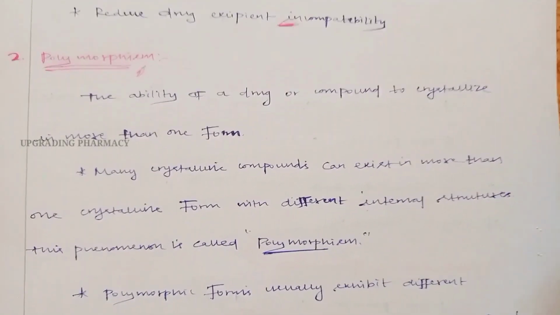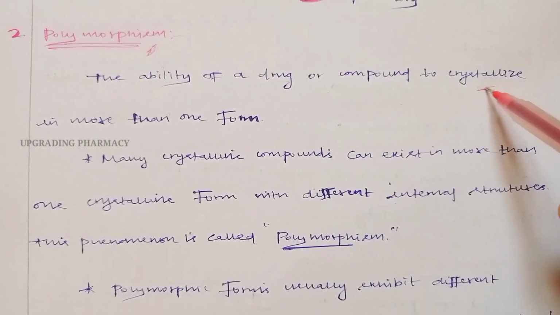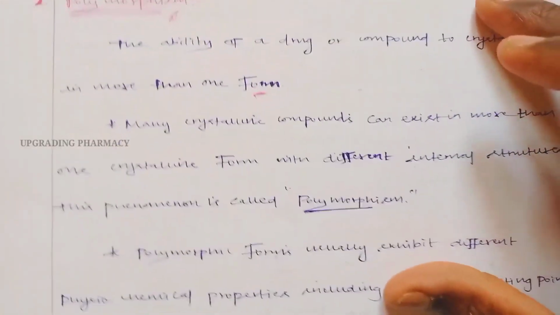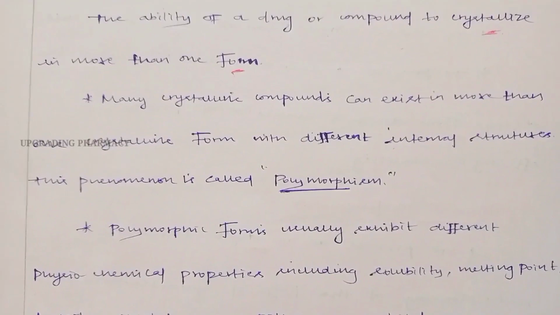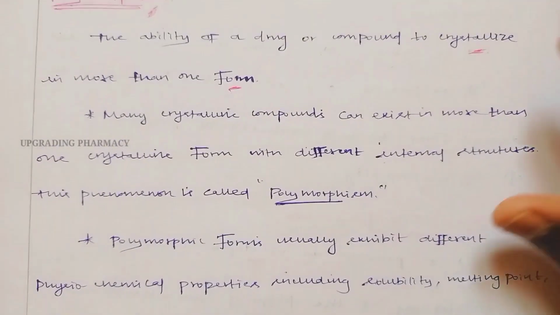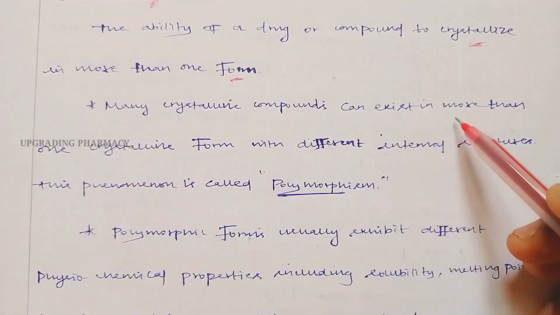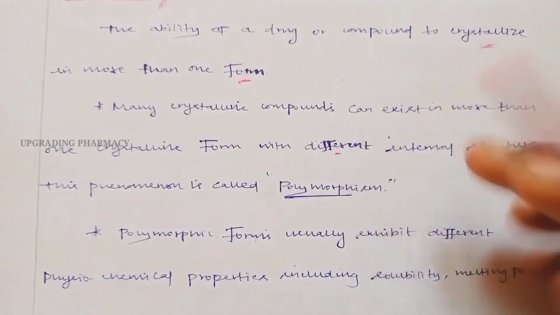That is the ability of the drug or compound to crystallize in more than one form. When a solid particle crystallizes in more than one form, that ability is called polymorphism, and that is the definition. Many crystalline compounds can exist in more than one crystalline form with different internal structures.